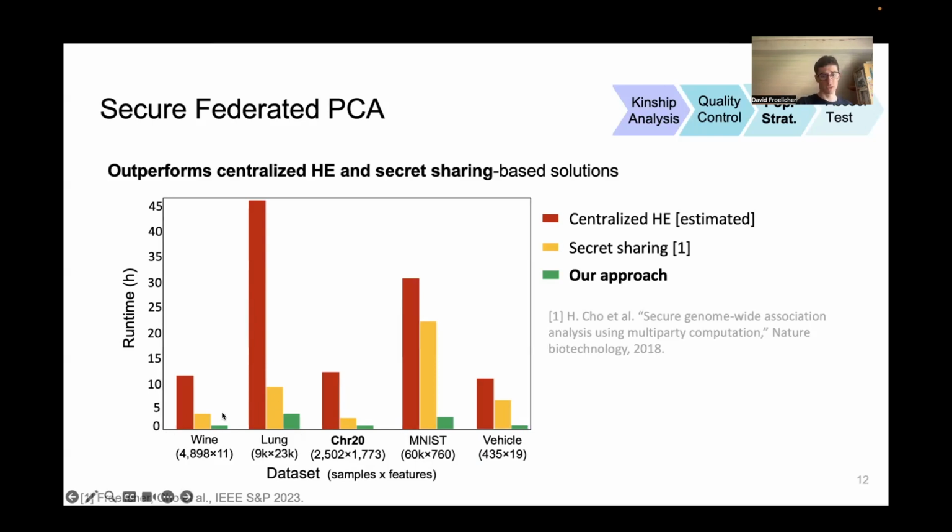So here our solution is in green. And we can see that across all datasets, our solution is more efficient. And this is due to our optimized workflow, which also adapts to the input dimensions in order to efficiently execute the collaboration or the computation as shown in the paper.